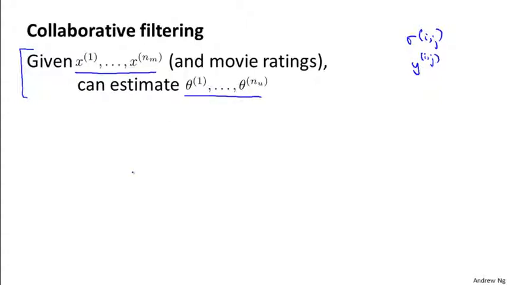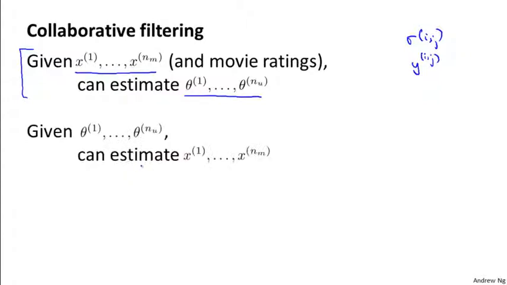So if you knew the features, you can learn the parameters theta for your different users. And what we showed earlier in this video is that if your users are willing to give you parameters, then you can estimate features for the different movies. So this is kind of a chicken and egg problem. Which comes first? If we can get the thetas, we can learn the x's. If we have the x's, we can learn the thetas.